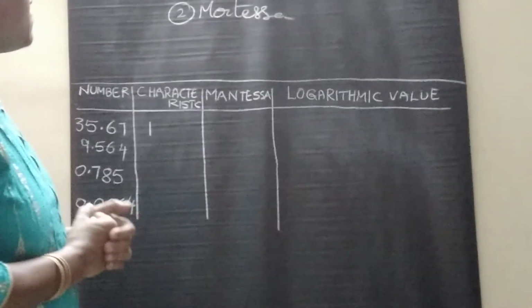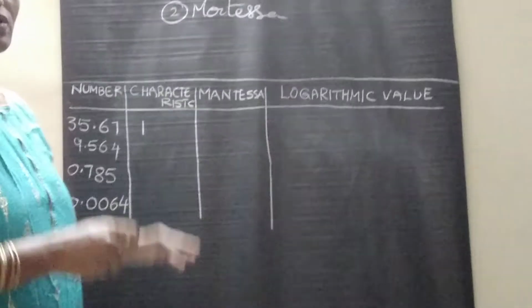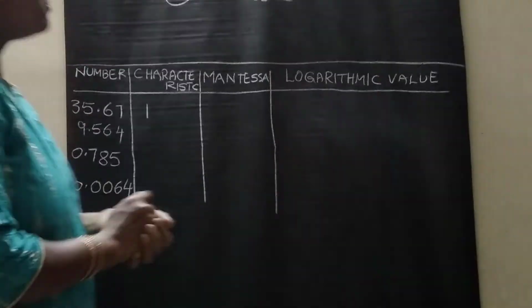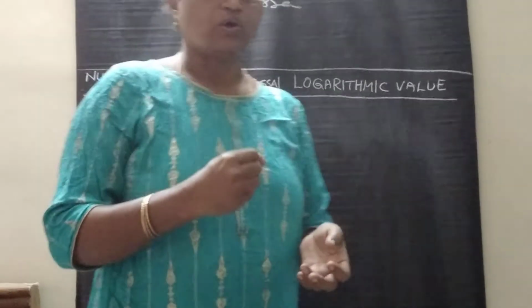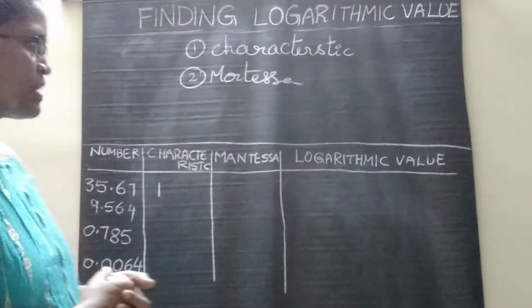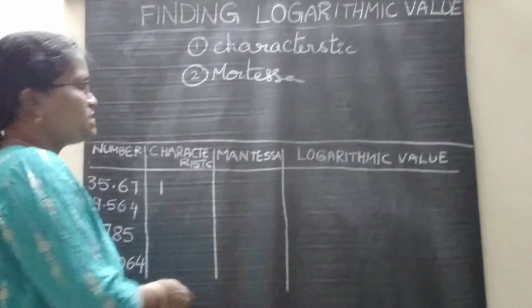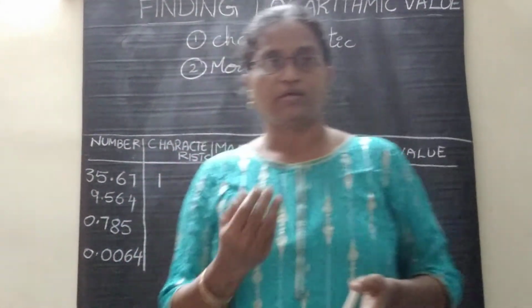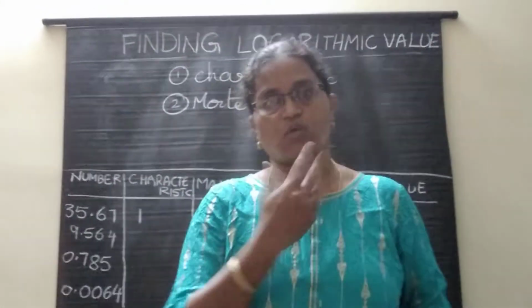To find the characteristic of a log value, you have to know how to write a number in scientific notation. Scientific notation means we write the decimal point after one digit.